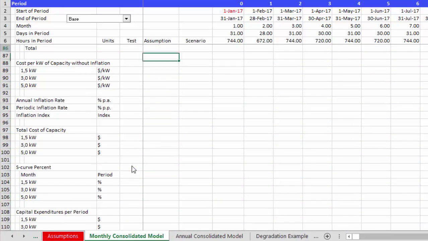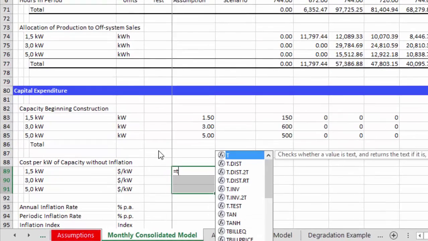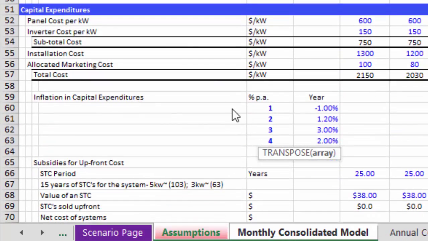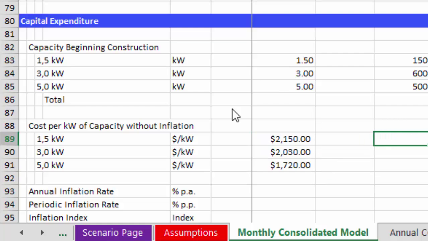Okay, I think setting this up is so important. All right, and then let's do the same thing. Let's put equal transpose and get the, maybe Shift Control 1, something like that. Shift Control 4 is Australian dollars.